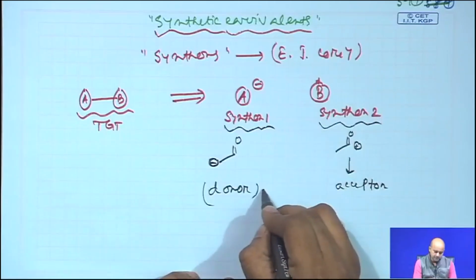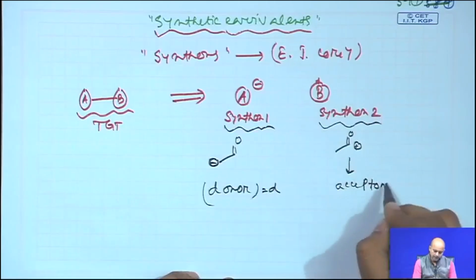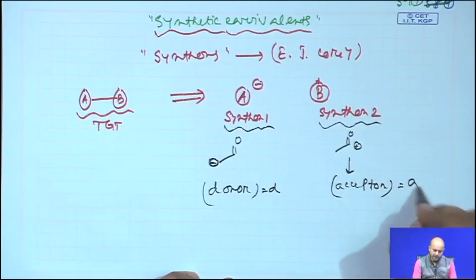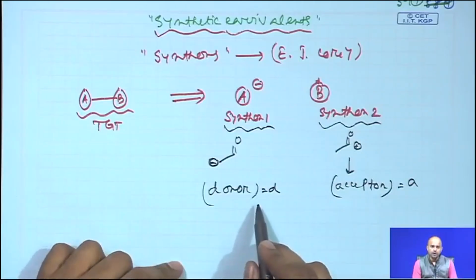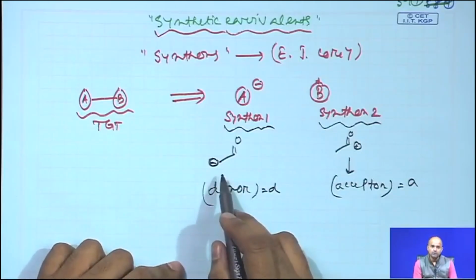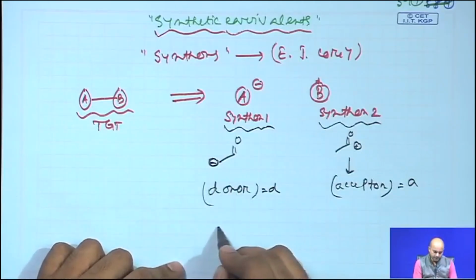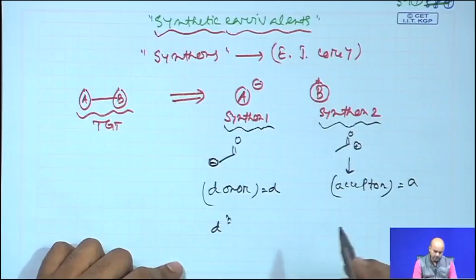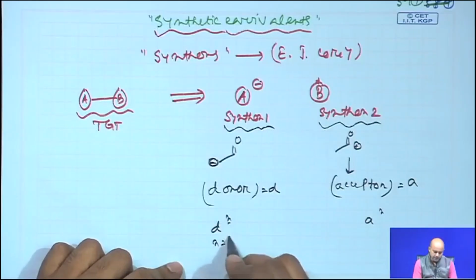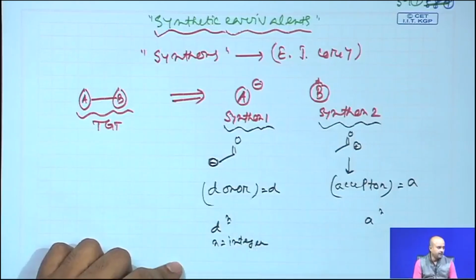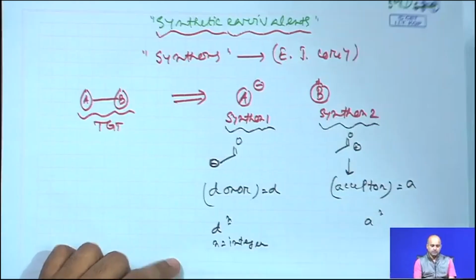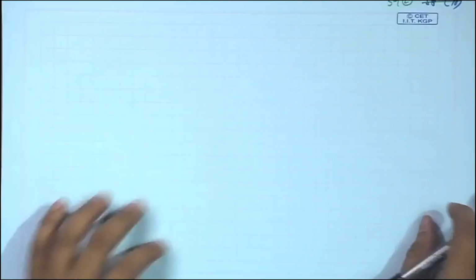So donor stands for D and acceptor stands for A. Depending on the number of carbons this part has, it is abbreviated as Dn and An, where n is an integer. So Dn and An is the usual terminological definition.